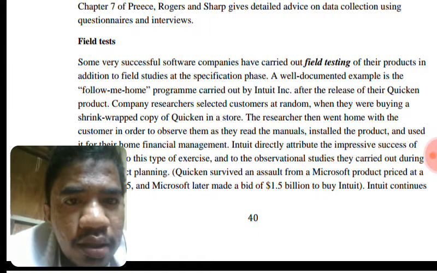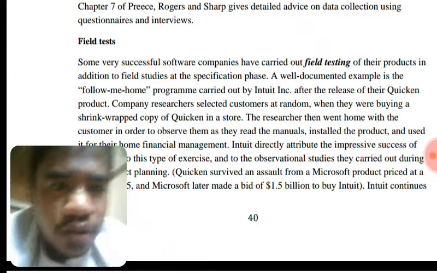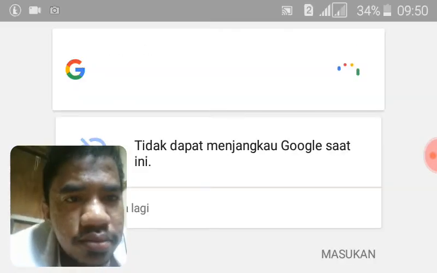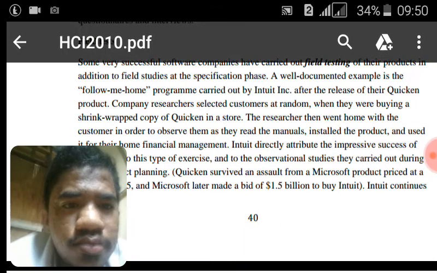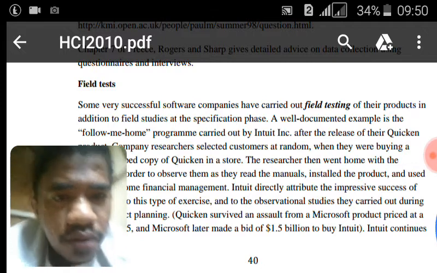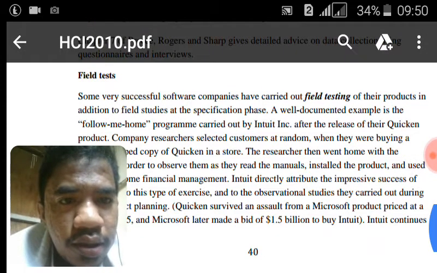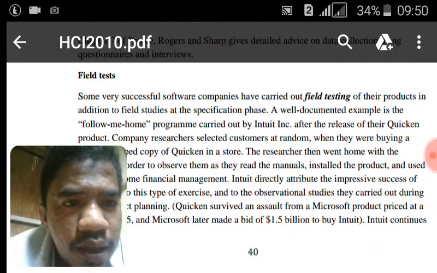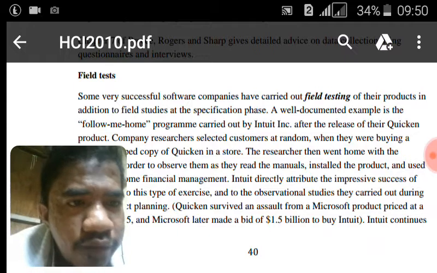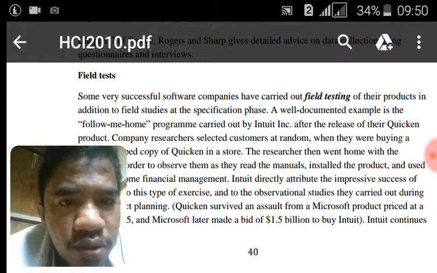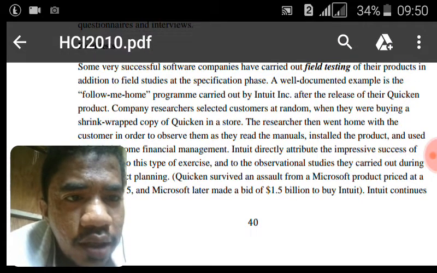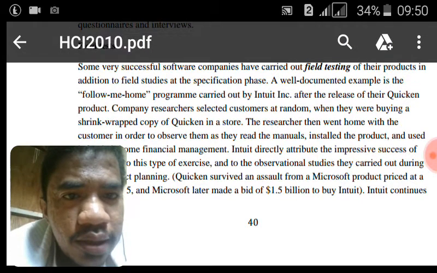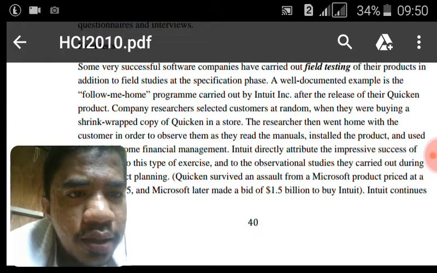Field tests. Some very successful software companies have carried out field testing of their products in addition to field studies at a specific place. A well-documented example is the Follow Me Home program carried out by Intuit.